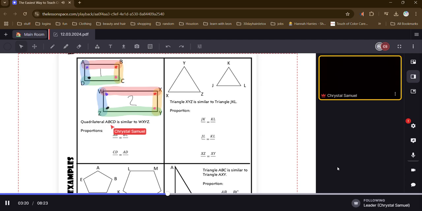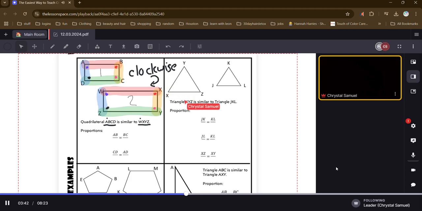Now we have quadrilateral ABCD is similar to WXYZ. Again, A and W are our starting point. So A would start and go clockwise. W would be the start point going clockwise. Again, remember, clockwise, clockwise.